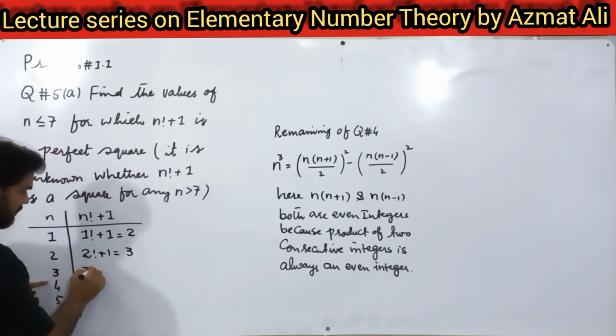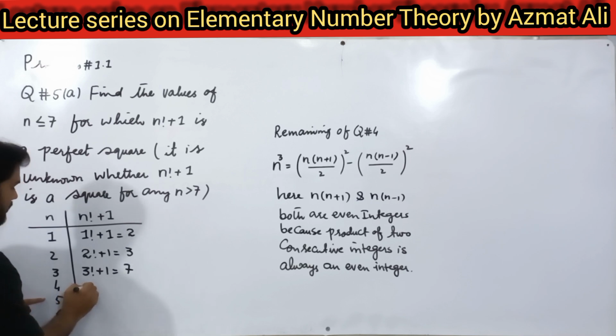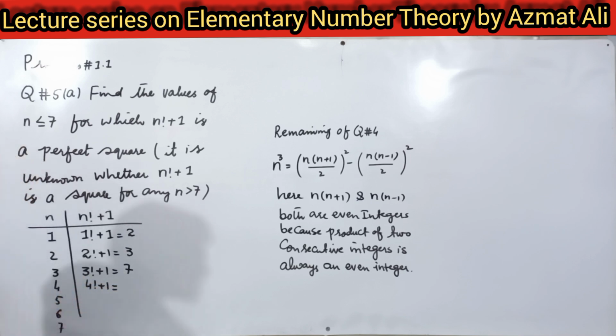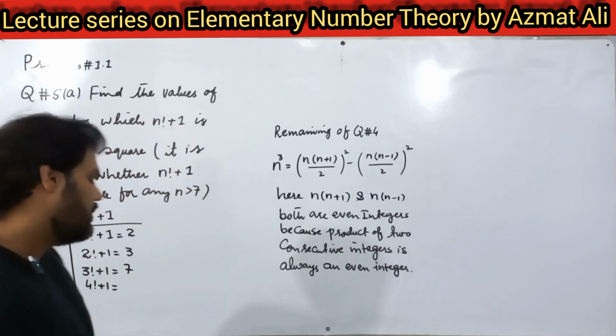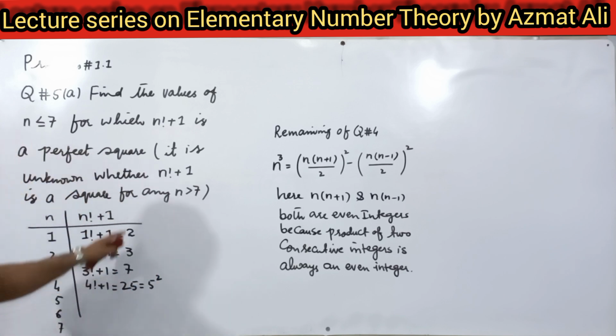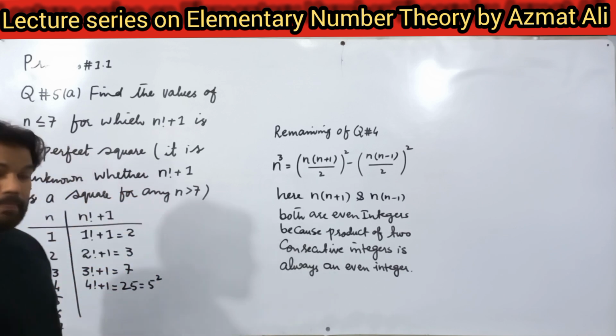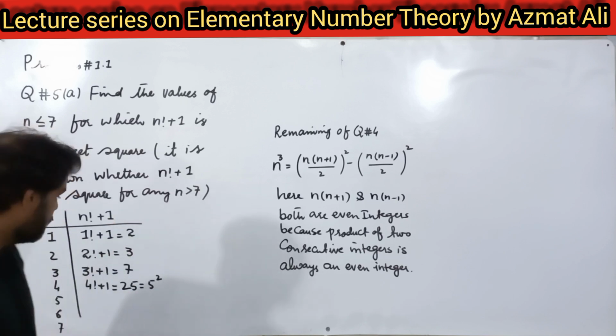When you put 3, 3 factorial plus 1, this is 7. When you put 4, this becomes 4 factorial plus 1. 4 factorial is 24, 24 plus 1 is 25, and 25 is the square of 5. So this is the first value for which this formula gives a perfect square.